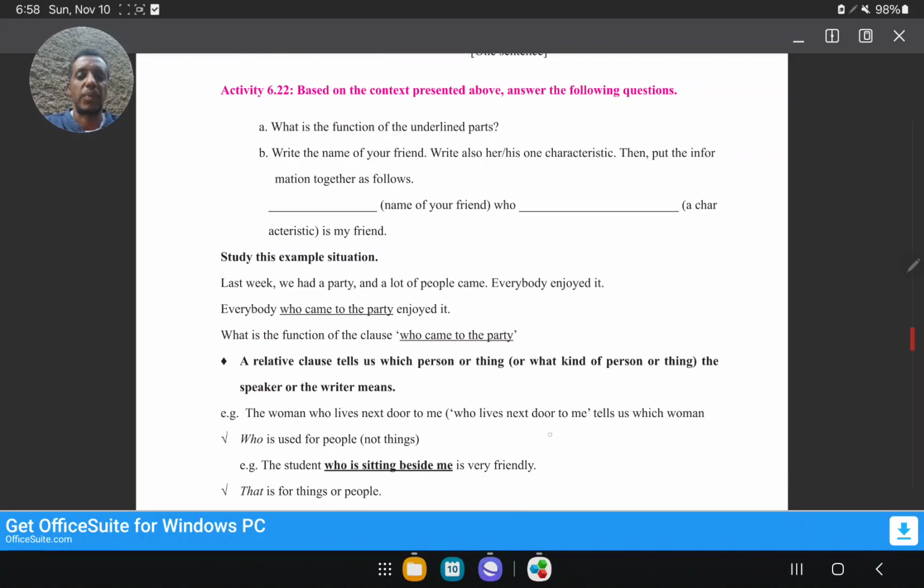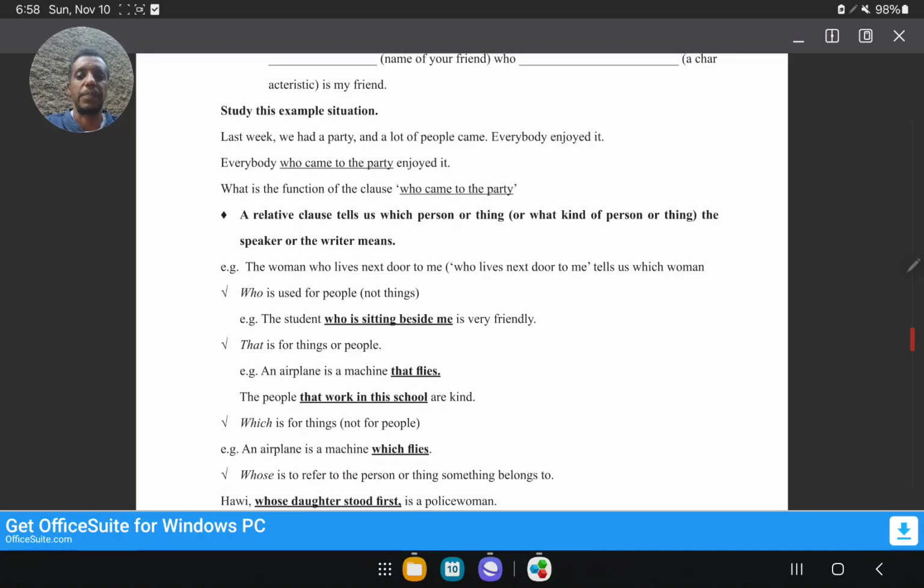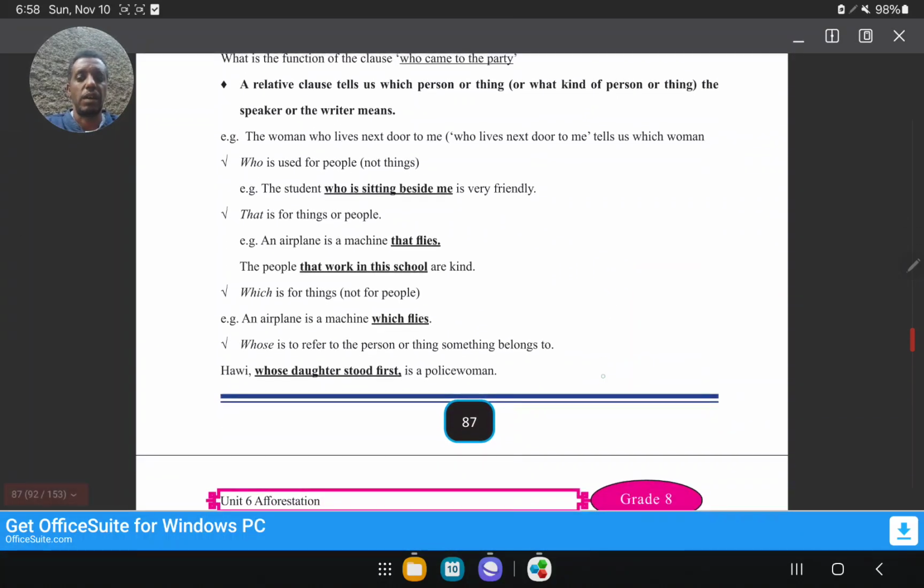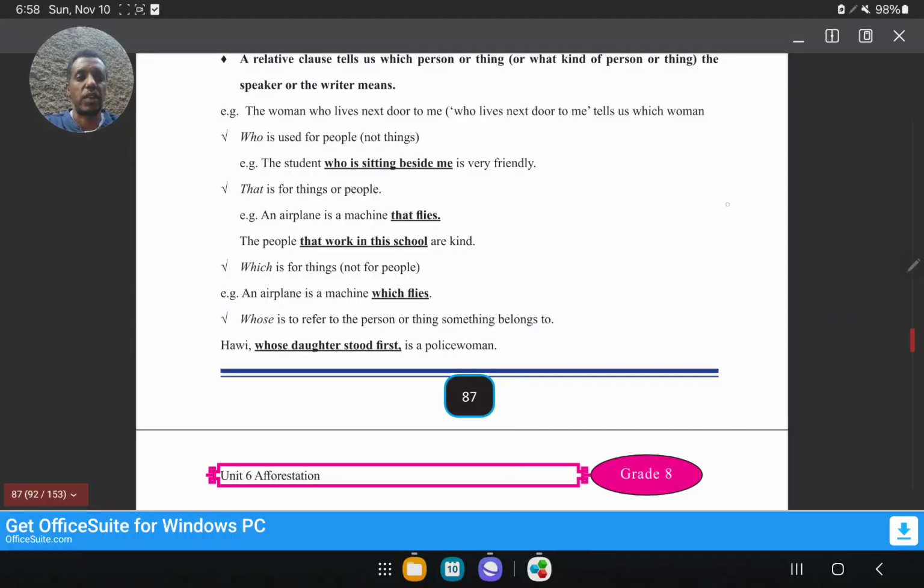These are examples. Directly we can study this example situation. You can read more. So what is the relative clause?